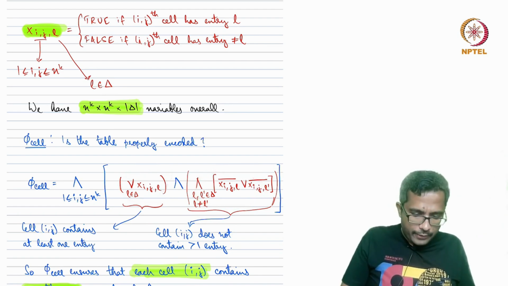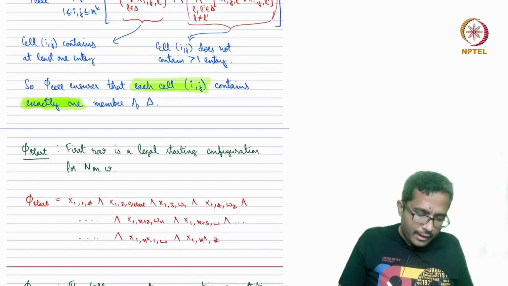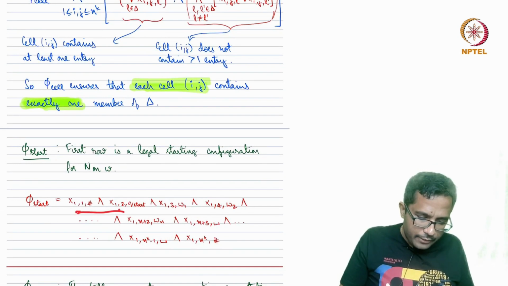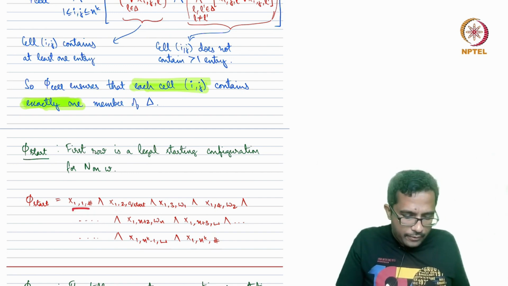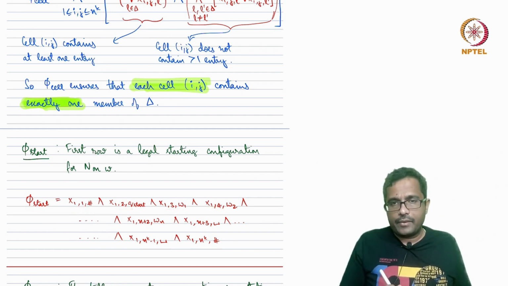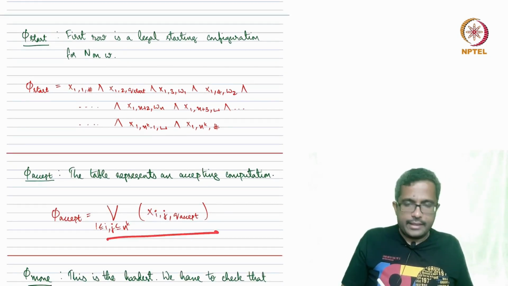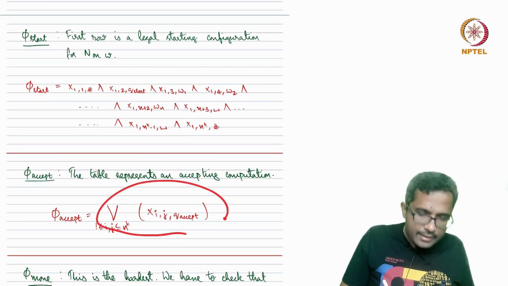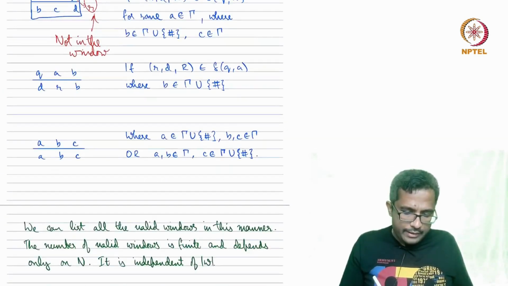So phi cell is already in the form of an AND of ORs, so it's okay. Phi start is already in the form of an AND of individual variables, so we can think of these as an AND of singleton clauses with singleton literals. Phi accept is basically an OR of many things, so we can think of phi accept as a single clause. There is no AND.